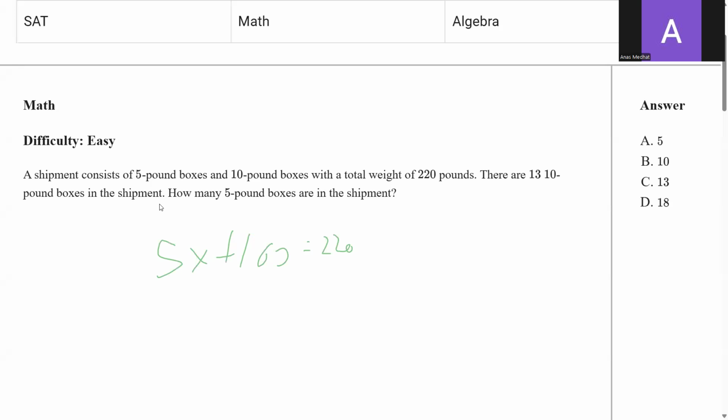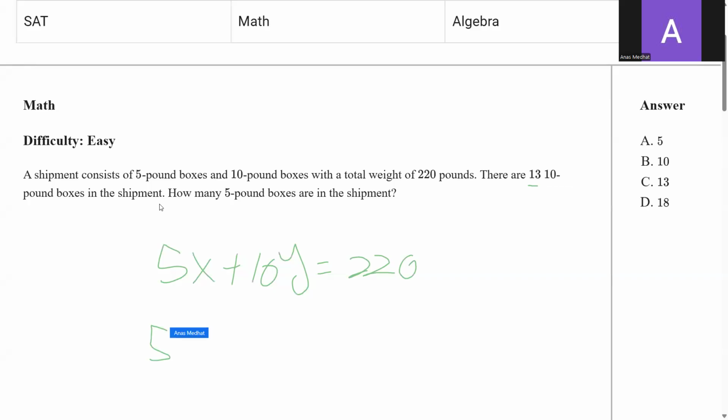Okay, let me put it in a better way. 5x plus 10y equals 220, and it gives you the number of 10-pound boxes, which is 13. All you have to do is substitute and find x. Let's do this: 5x plus 10 times 13 equals 220.